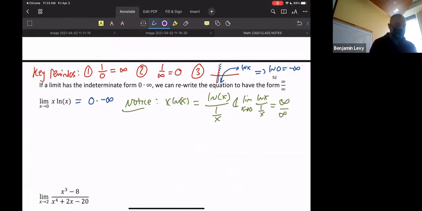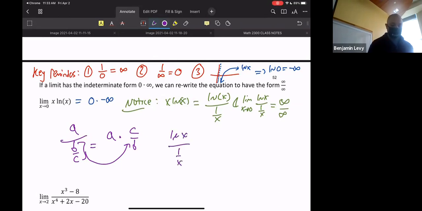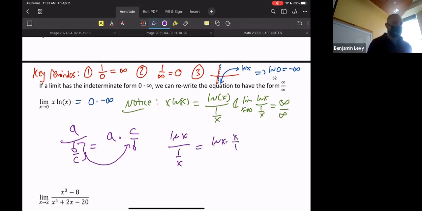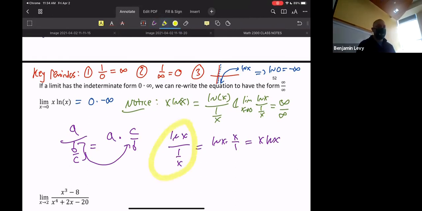So this is getting at the idea of when you have something like this, you rewrite it like this, right? This thing flips over and multiplies. And so if you have ln x times 1 over x, that simplifies to this, which is just x ln x. Usually the way we see these things is you end up with something ugly and a problem, and then you simplify it into something that's not ugly.